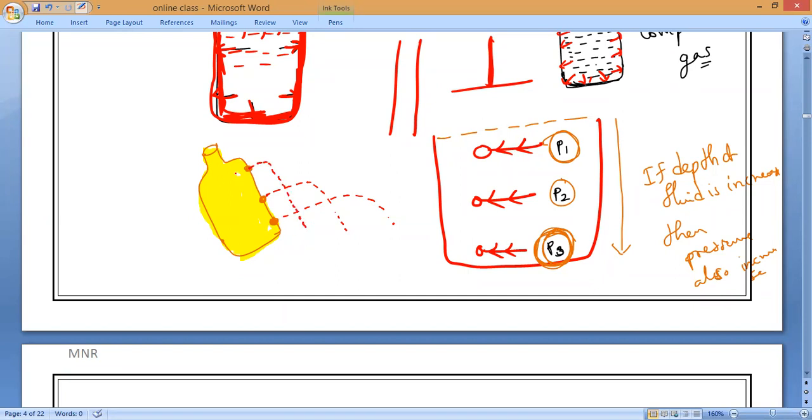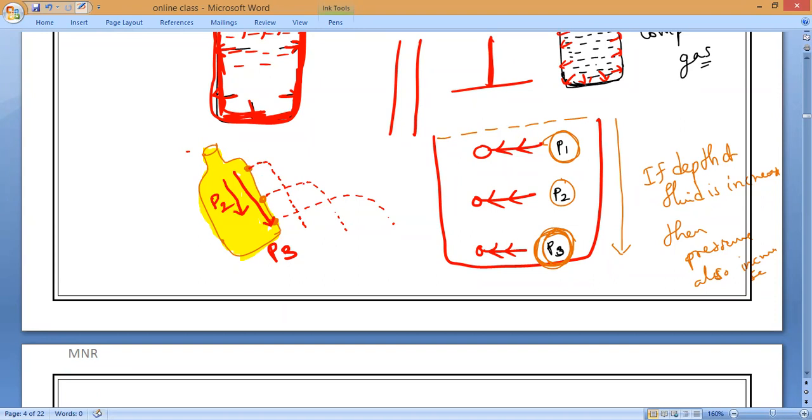Because here the depth is greater, the pressure exerted by the fluid on the walls is greater, so the water is pushed farther. Let me take this as P3.